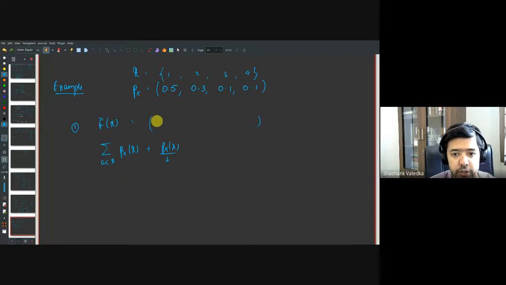So what is f bar of 1? Well, there are no symbols less than 1.